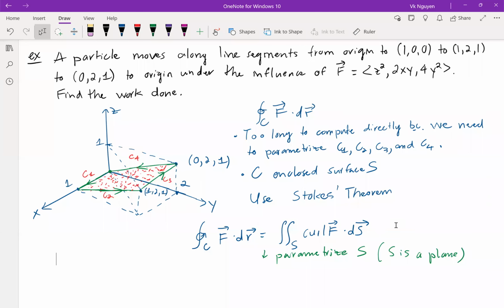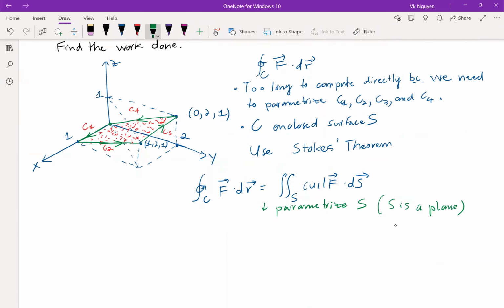Yes, the answer here is 3. Work it out. You're going to get the answer to be 3. x equals x, y equals y, and z equals half of y. According to the points, z is half of y.